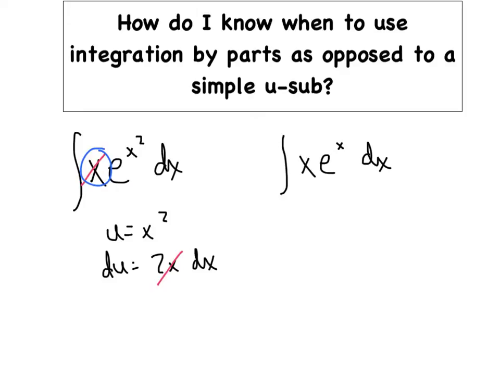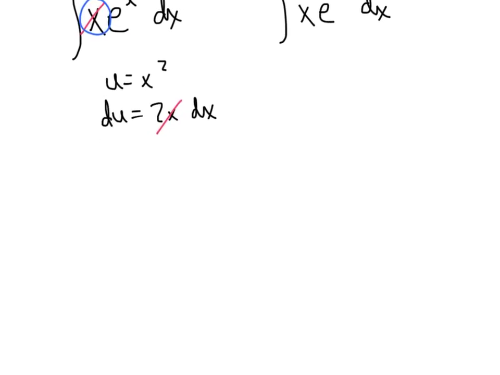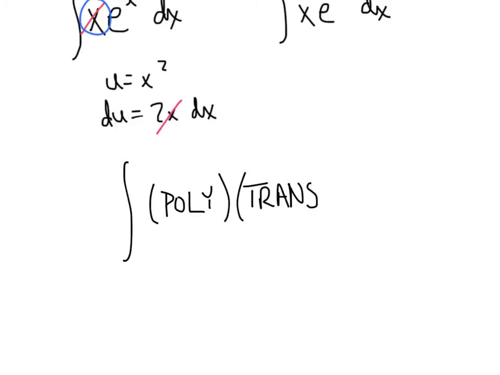Now, generally, to paraphrase here, if you're integrating the product of a polynomial times what we call a transcendental function, and I'll try to spell that out, transcendental. If you see the product of these two types of functions, then it's a good time to use integration by parts.